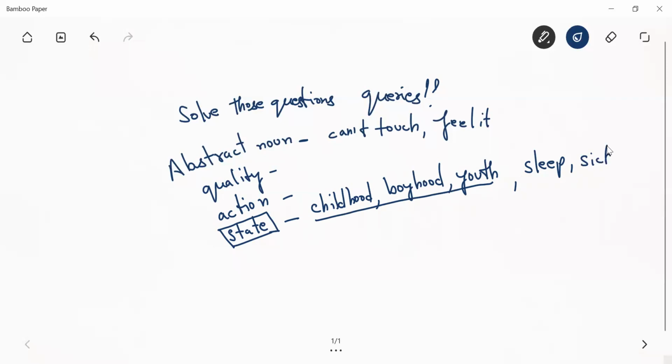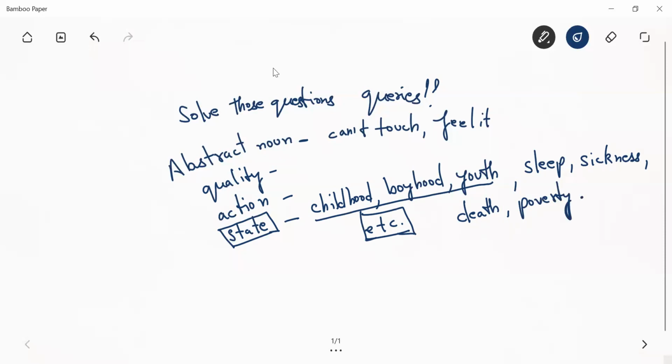Sickness. Some words might not be given, so we will write etc. But what does it mean? There can be many other states, and we have to think of it. Then you have death. Death is also a state. You have poverty. Poverty is also a state.